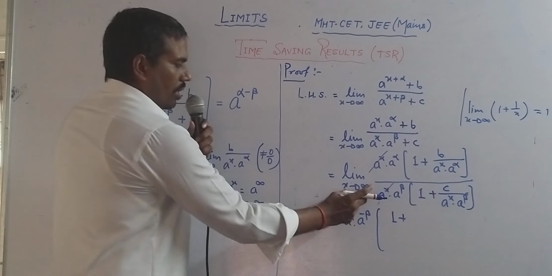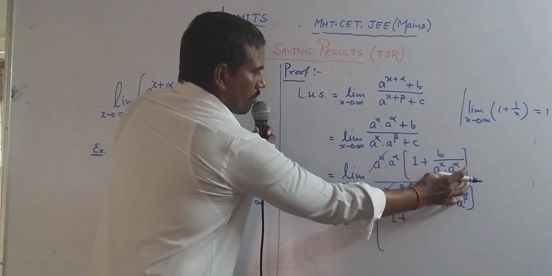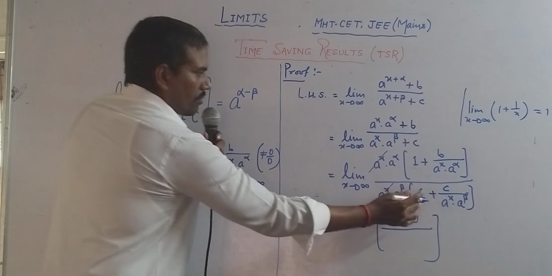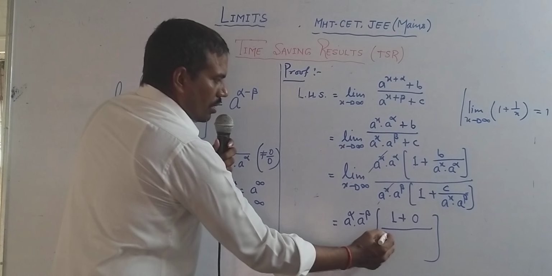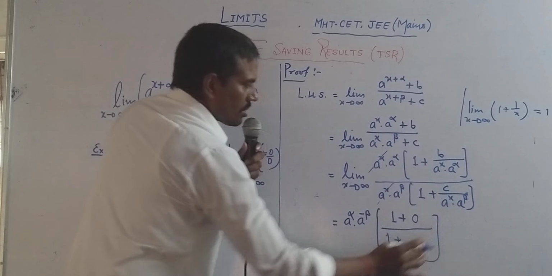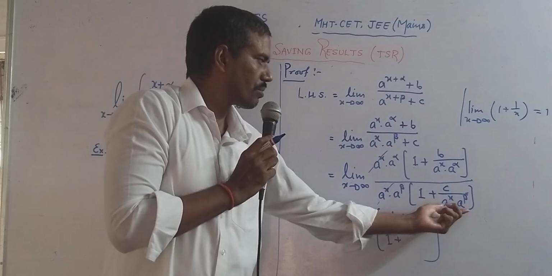So the limit of the first term is 1 and the limit of the second term is equal to 0, whole divided by the limit of the first term which is 1, since the limit of a constant is the constant, and the limit of c upon a to the power x into a to the power beta becomes 0.